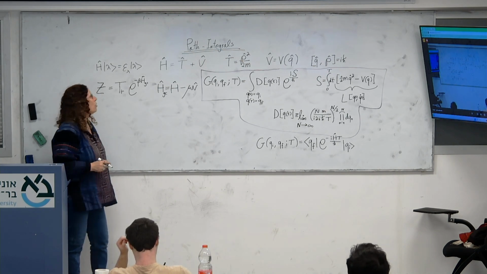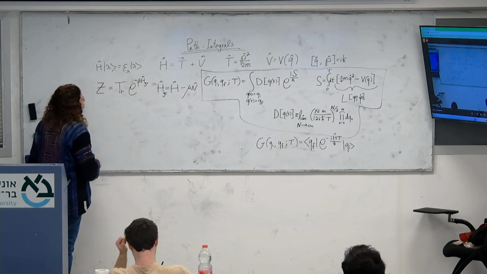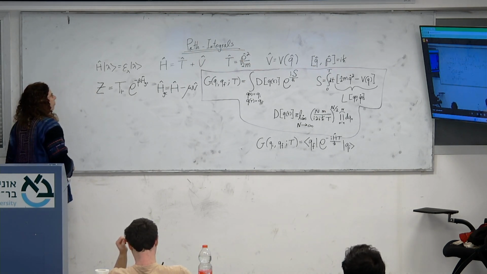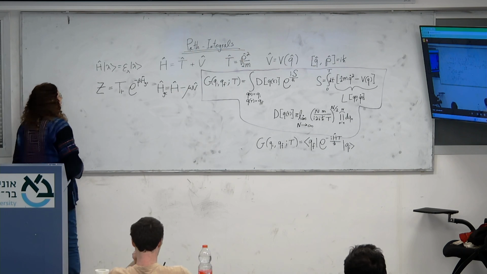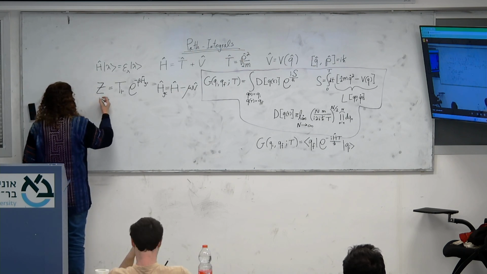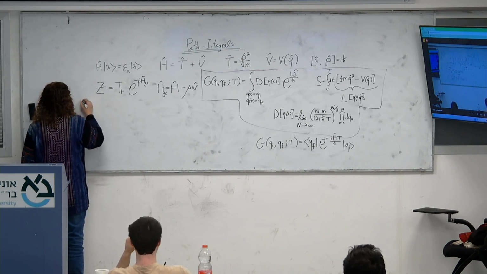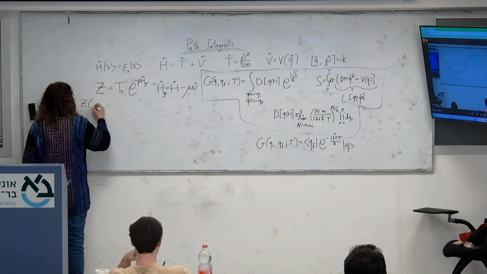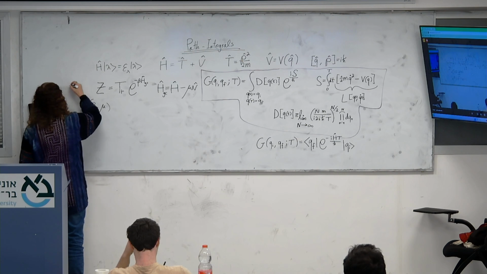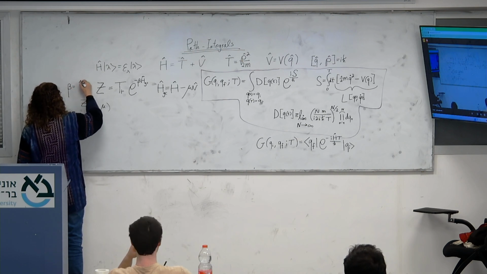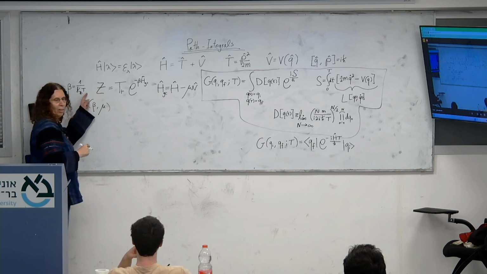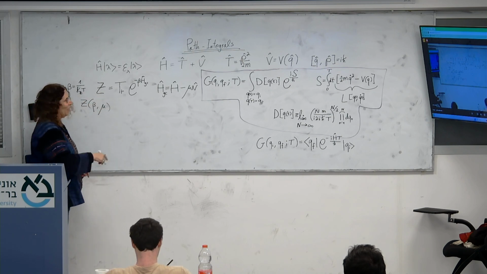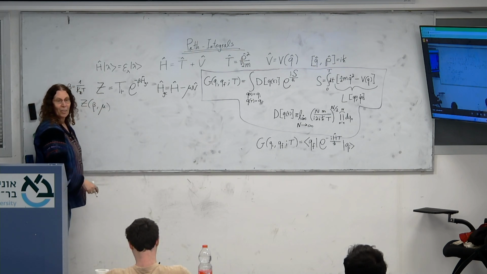That's general, and this partition function is a function of beta and mu, where beta is 1 over k Boltzmann T. So don't confuse it with the T of time.